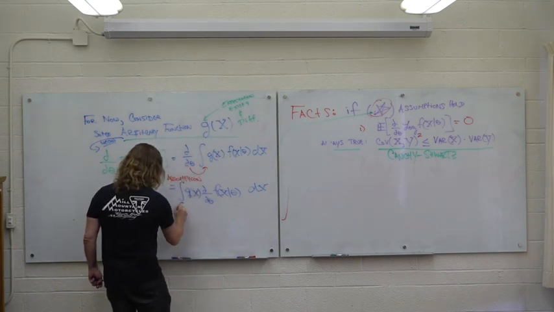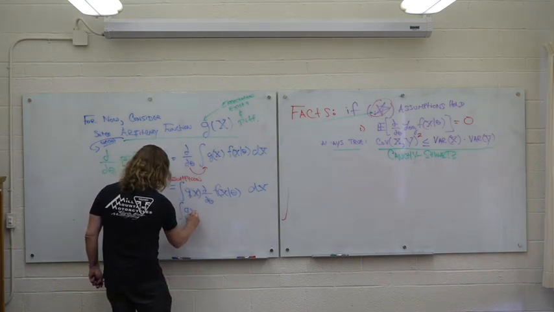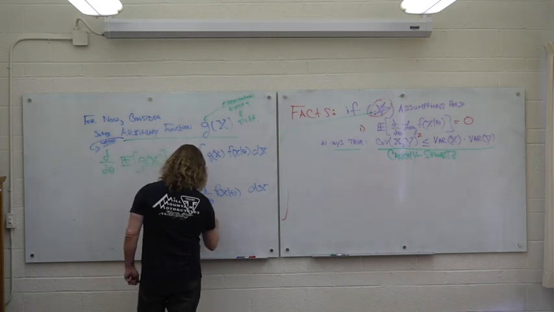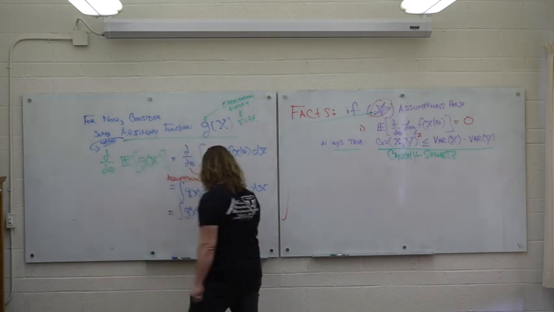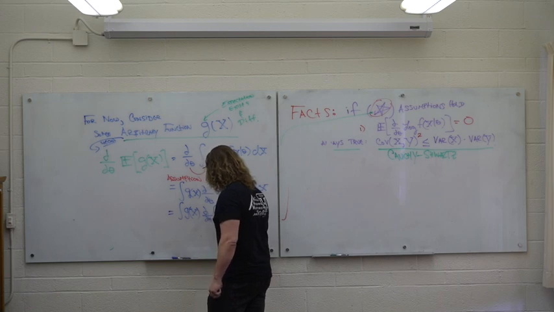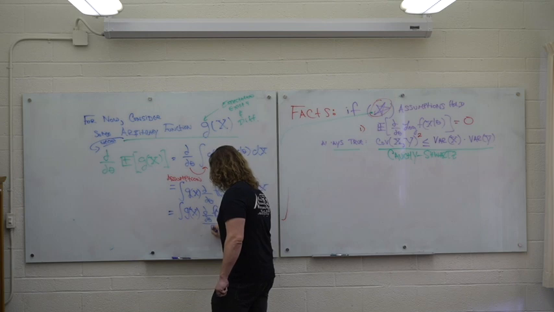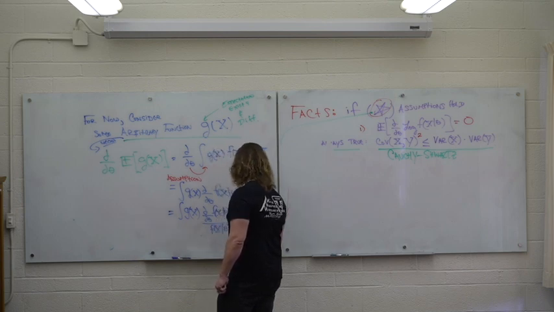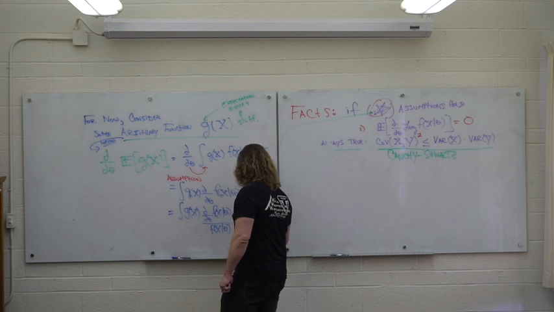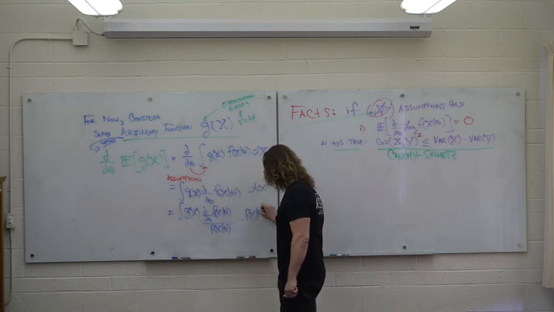And I'm going to multiply by a funny form of 1. So g(x), derivative with respect to theta, f(x given theta), over f(x given theta), times f(x given theta), dx.